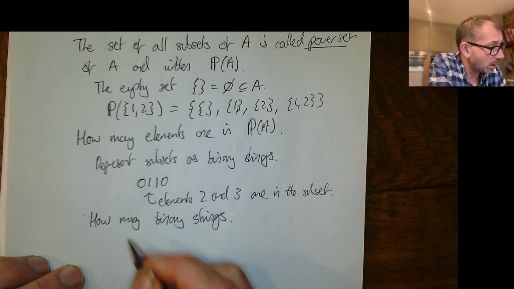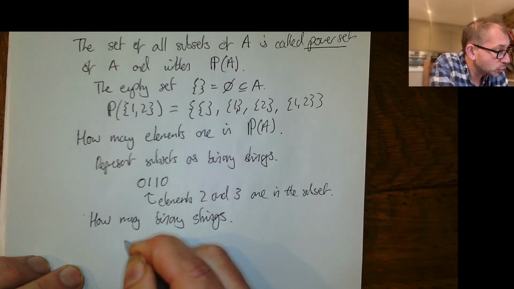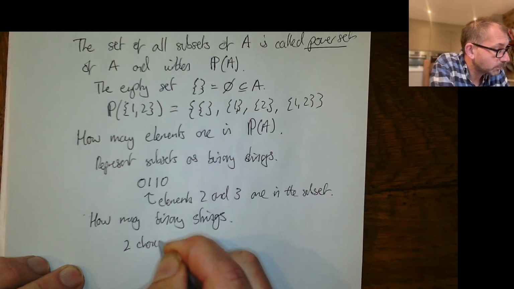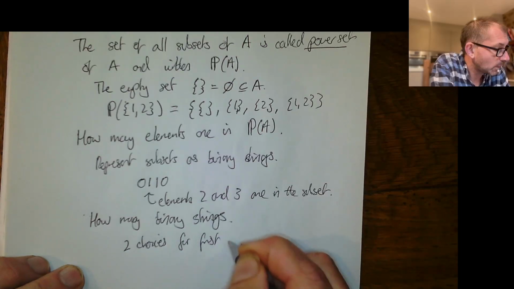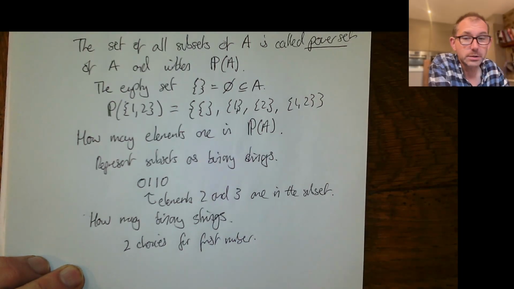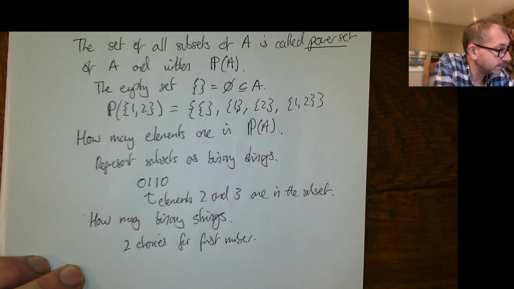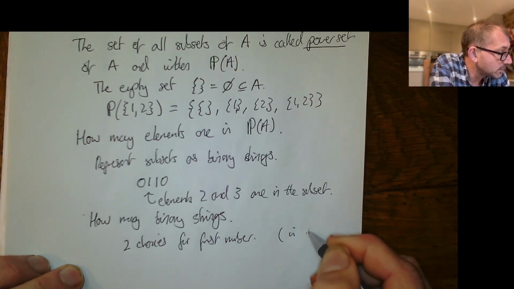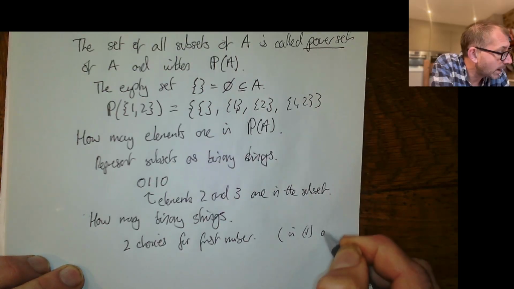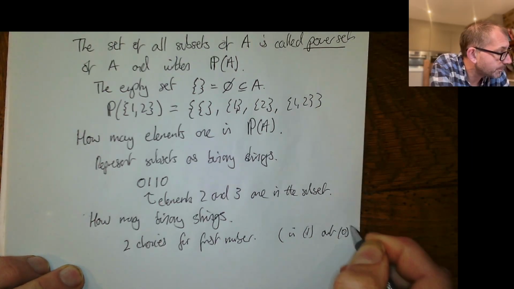Well, I have 2 choices for the first number. So that's going to be a 1 or a 0, and if it's a 1, it's in, and if it's a 0, it's out. So in, that will be a 1, or out, which will be a 0.